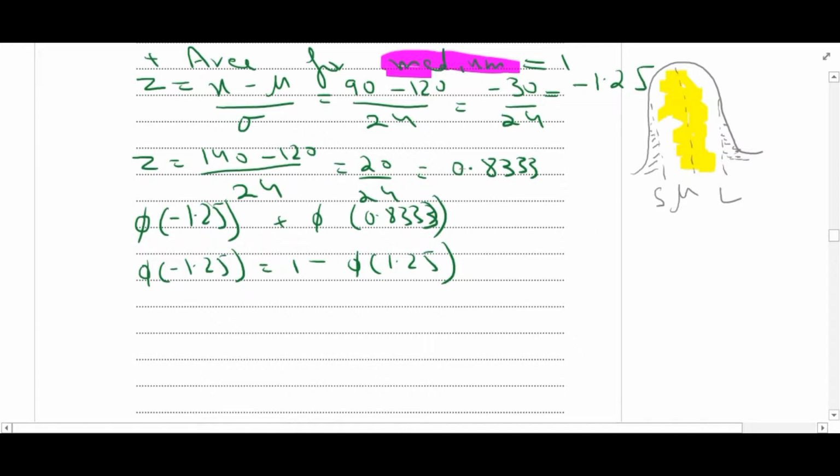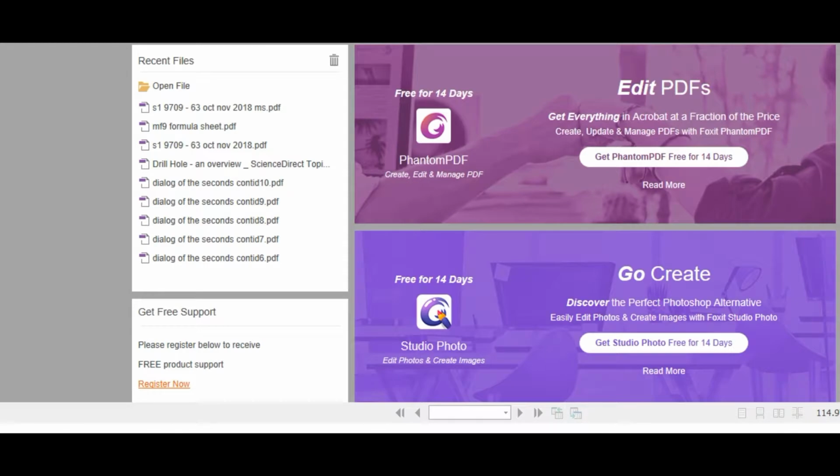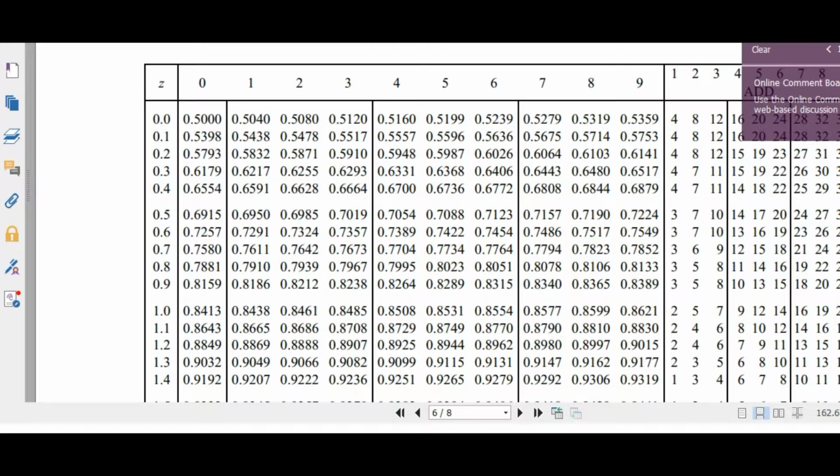For phi of 1.25, let us go to the formula sheet. This is the formula sheet. For phi of 1.25, this is 1.2, and 1.25.